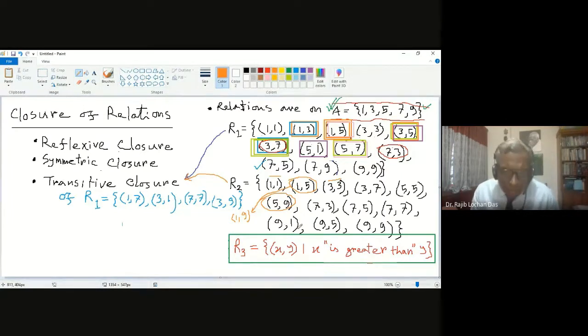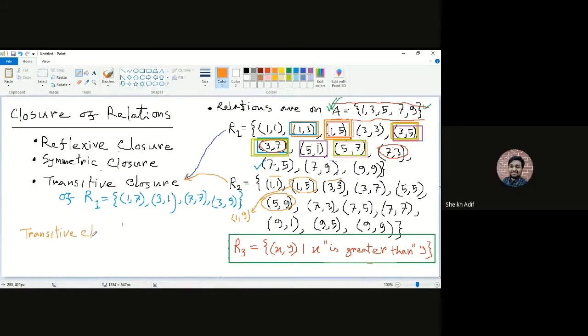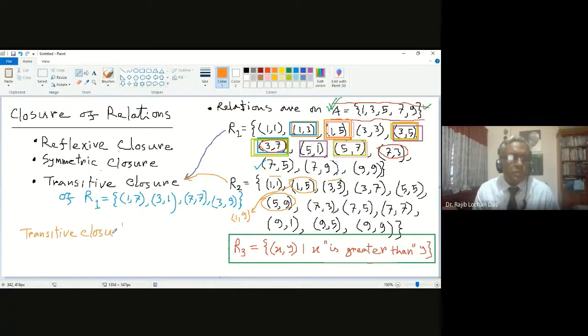And what about R3? What can you write for R3? What is the transitive closure of R3? So that will be difficult. No, not difficult, sir.